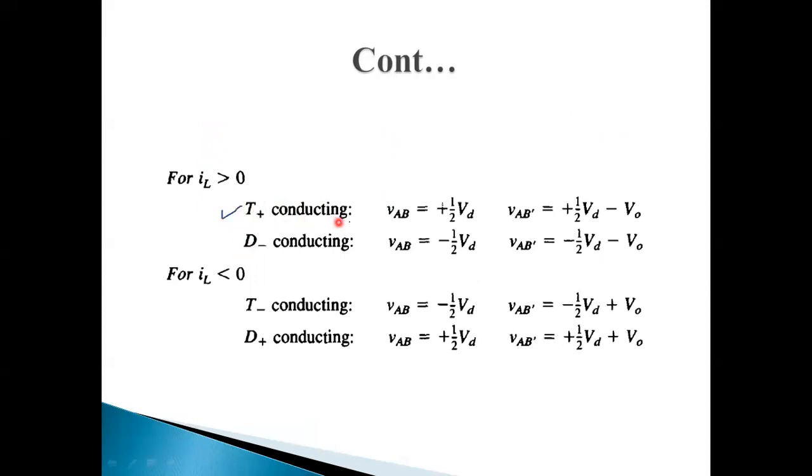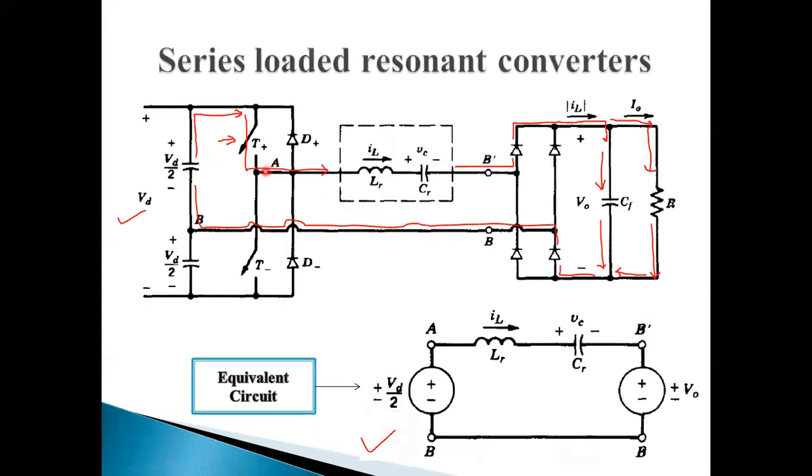If T plus is conducting, the voltage across VAB is equal to half VD. Where is A, this is A. The voltage across this point and this point is half VD, because this is VD by 2.